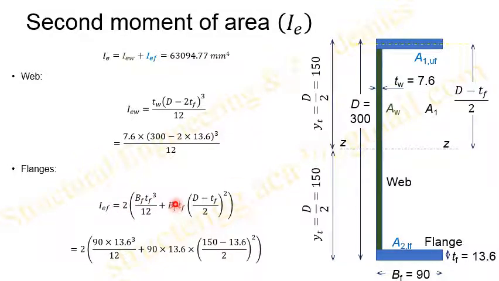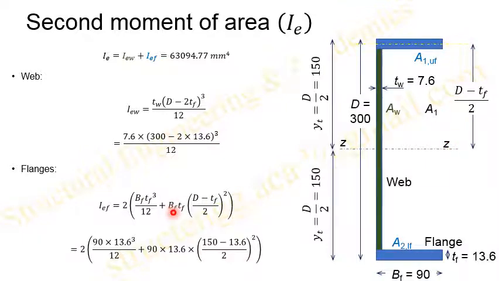To find the second moment of area about ZZ of any flange, first we find the second moment of area of the flange about its own axis, that is BF TF cubed upon 12, and then using the parallel axis theorem this is transferred to ZZ.